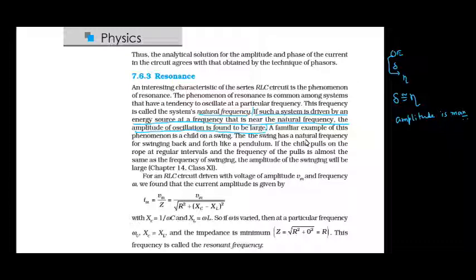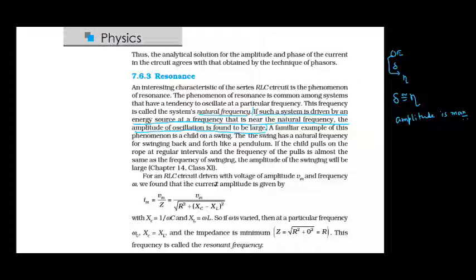The swing has a natural frequency for swinging back and forth like a pendulum. If the child pulls on the rope at regular intervals and the frequency of pull is almost the same as the frequency of swinging, the amplitude of the swinging will be large.